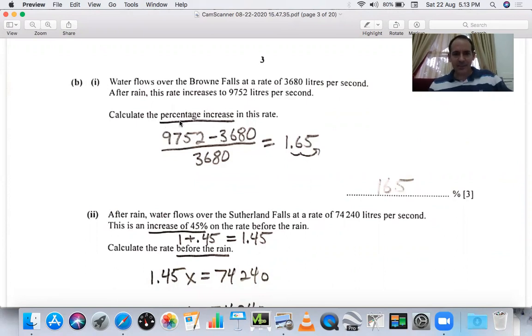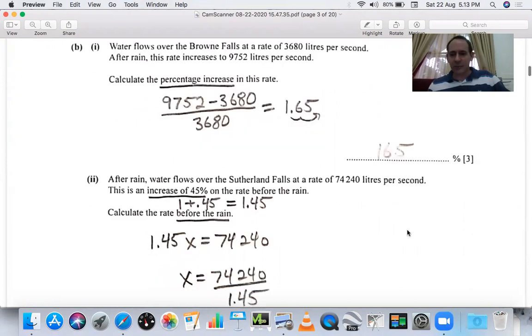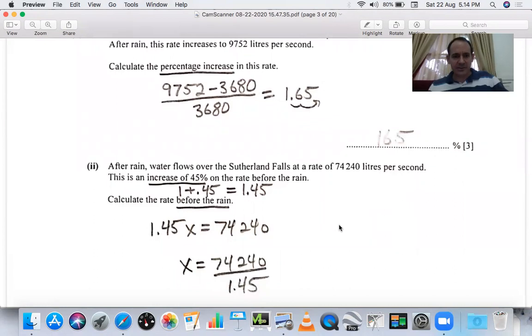And then since it's a percentage, you divide it by the original, which is the 3,680. So the 9,752 minus 3,680 is the difference, divided by the 3,680, which was the starting value, gives us 1.65 as a percent is 165%.